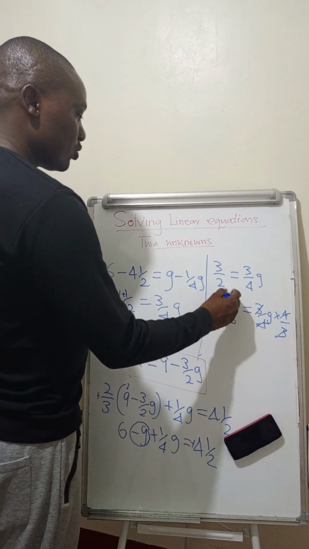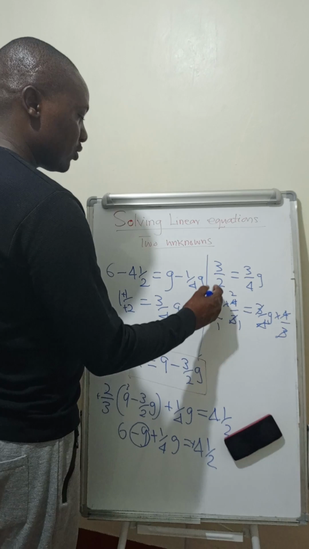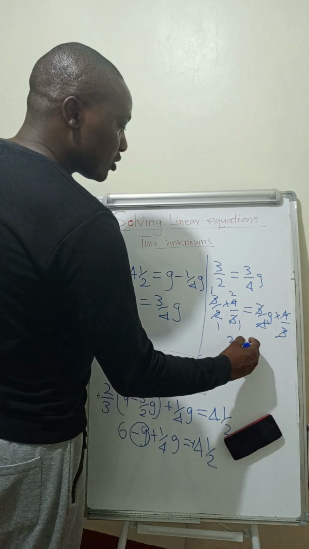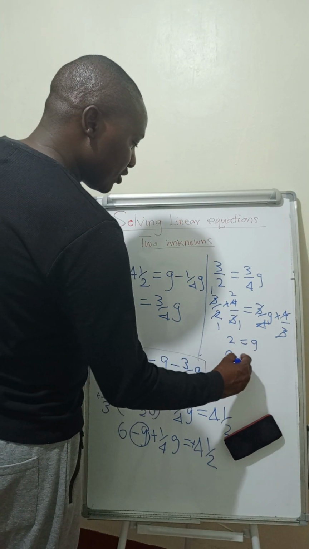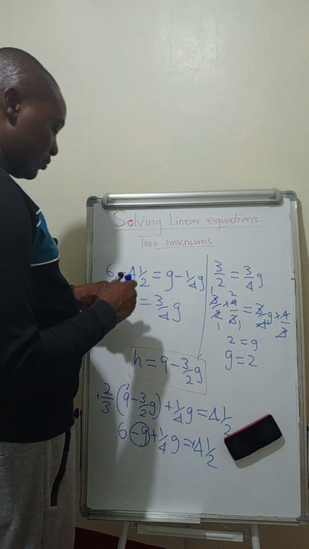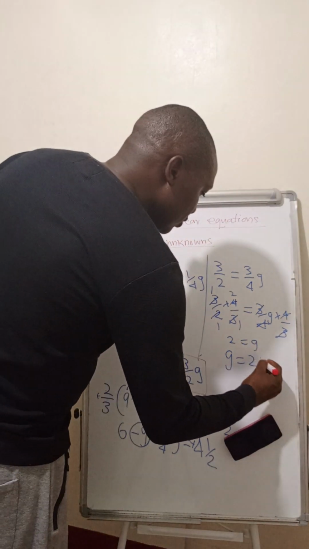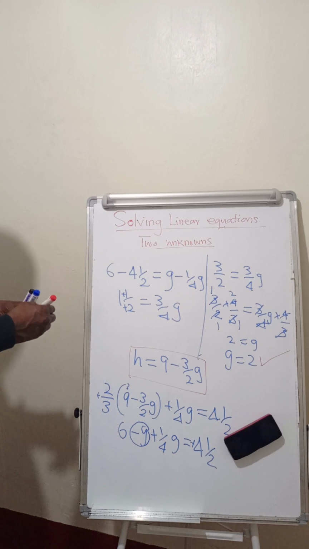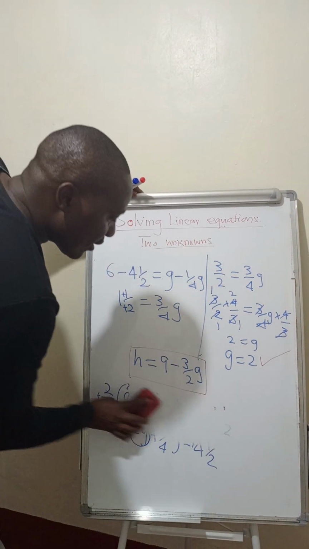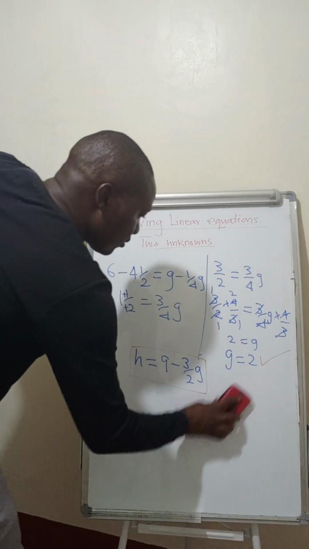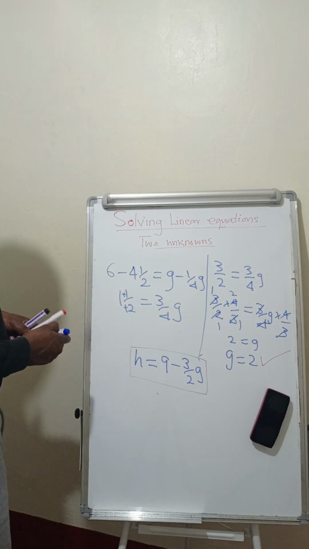2 goes here once, 2 goes here 2, 3 goes here once, 3 goes here 1. So 2 is equal to g. So the value of g is equal to 2. Now, we can get the value of the other unknown, which is h.